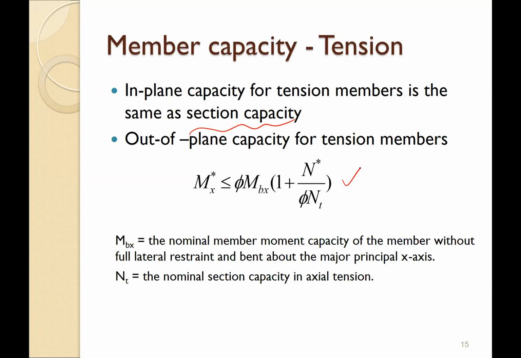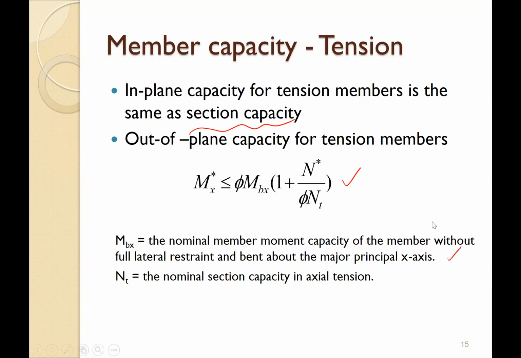We are looking at a member which is subjected to tension as well as bending. Then we are interested in calculating the out-of-plane capacity for such a member. Then your Mx star, which is the maximum moment it can carry, is given by this, where Mbx is the nominal member moment capacity of the member without full lateral restraint and bent about major principal axis.